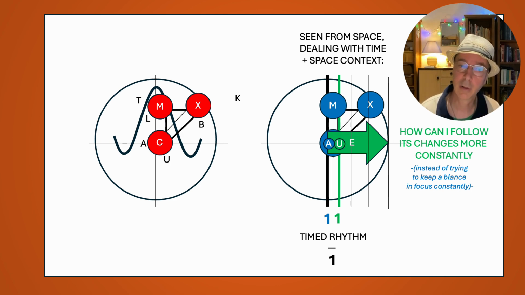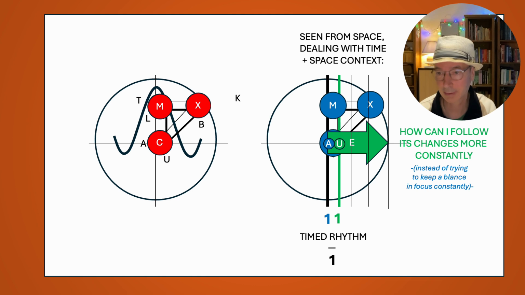Because now we have two rhythms and it's constantly trying to get the balance back to the common rhythm, the timed rhythm. Why not just use the timed rhythm constantly, so that I can keep my focus constantly? And that's the next level.